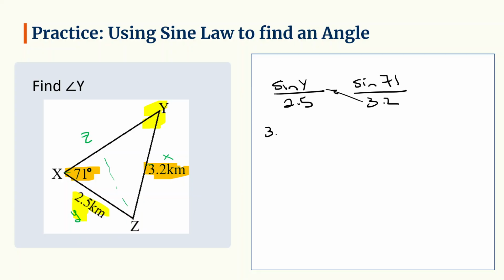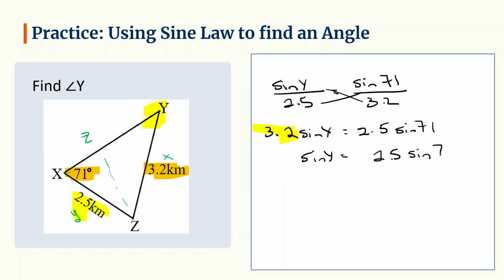So 3.2 times sine y equals 2.5 times sine 71. Now I need to get rid of this multiply by 3.2, so on both sides I'm going to divide by 3.2. So I have sine y equals 2.5 sine 71 divided by 3.2.